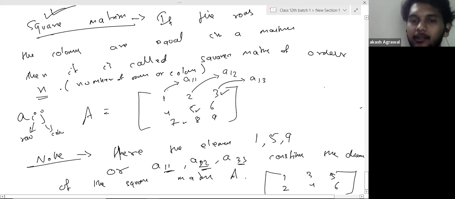Is this clear, Rishan? So wherever I and J are equal in a square matrix, those elements are called diagonal elements, like A11, A22, A33, A44, and so on.